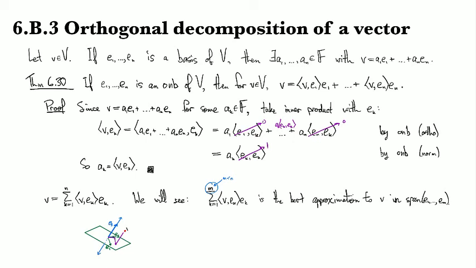So then here's V, and so V is actually equal to V E1 plus V E2 plus V E3, and this purple one down here is just the first two terms of it.